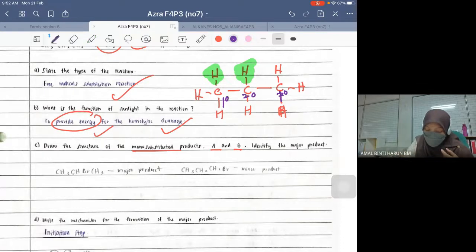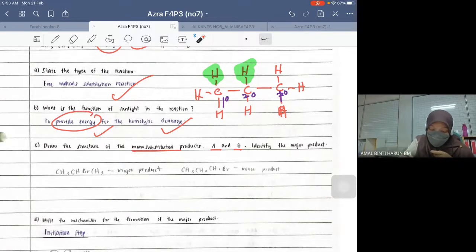Okay, tapi kalau dia masuk dekat carbon number 1, maksudnya dia akan pergi making a bond with the primary carbon. So primary free radical is less stable than secondary free radical carbon. So kita dah belajar sebelum ni, secondary is more stable. More stable means more favorable to undergo the reaction.